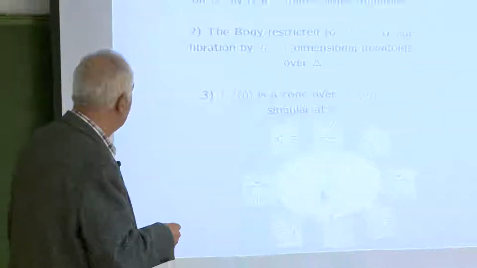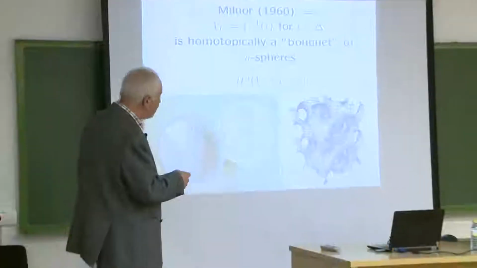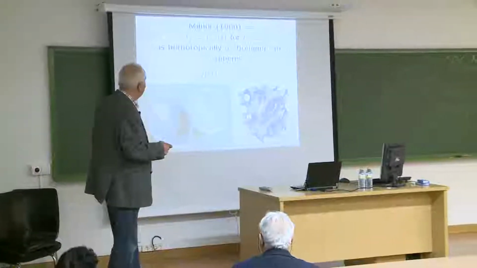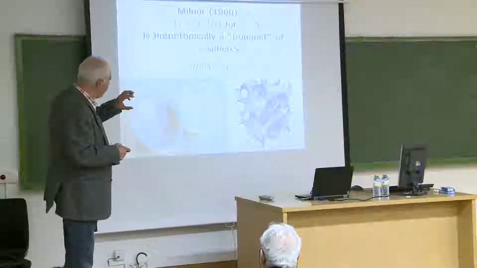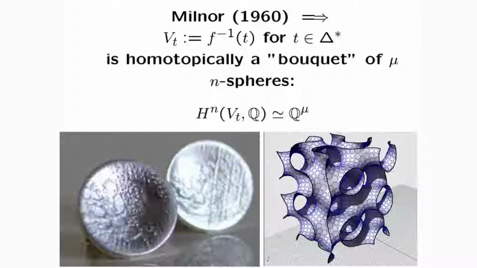So Milnor in 1960 proved the theorem that said that taking small values of t and small values of z, this fiber is homotopically a bouquet of mu n-spheres.